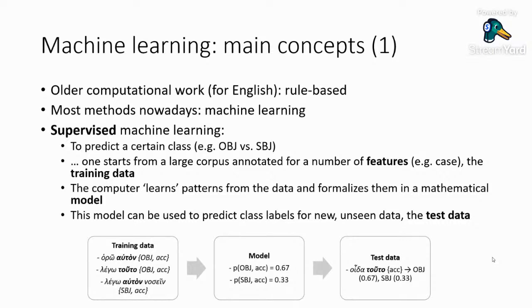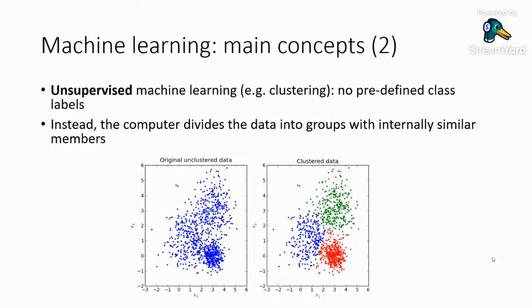So that's supervised machine learning, but then we also have unsupervised methods, so-called clustering methods, where we don't annotate our data for class labels, but we simply let the computer look at our data set and divide it into several groups with similar members, so-called clustering techniques.